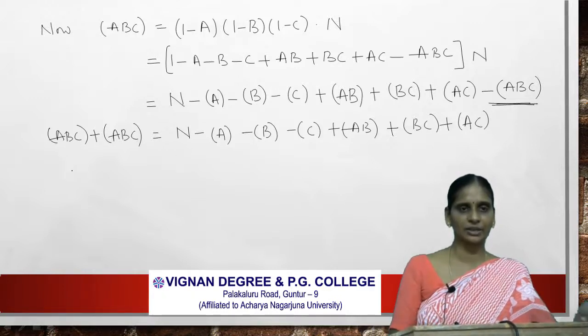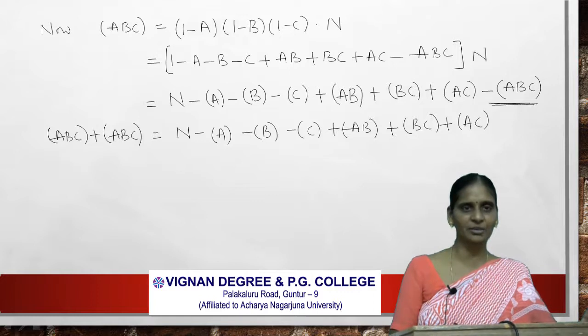In the left hand side, frequency of ABC plus frequency of ABC, we get 2 into frequency of ABC.